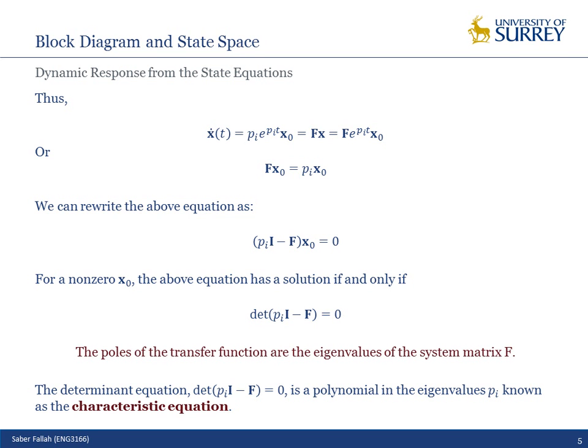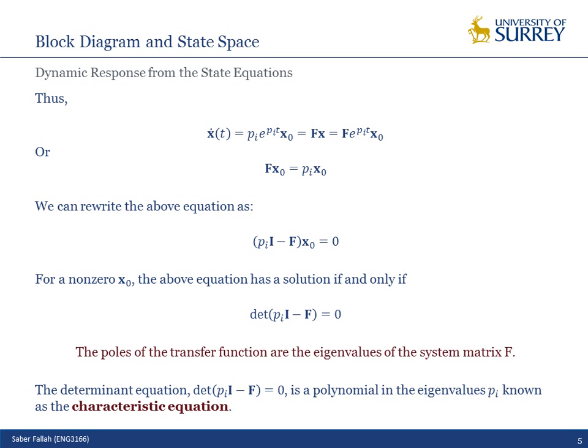G(s) is equal to H (sI minus F) inverse J plus J. Usually J is 0. So it will be equal to H times some matrix over the determinant of sI minus F. So look, this one is your characteristic equation in the Laplace domain.